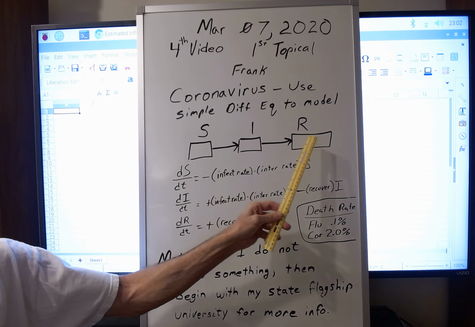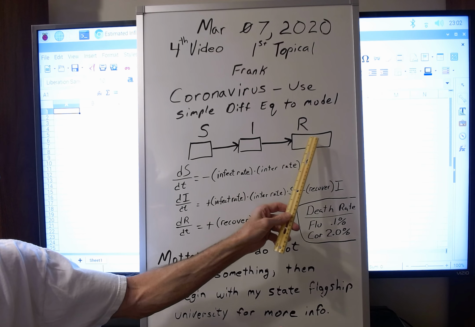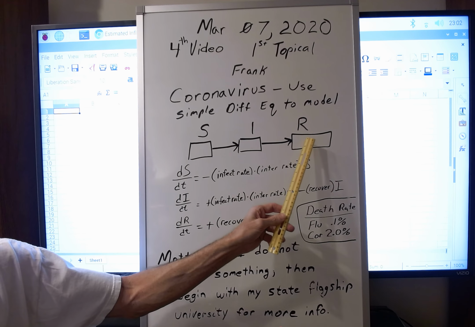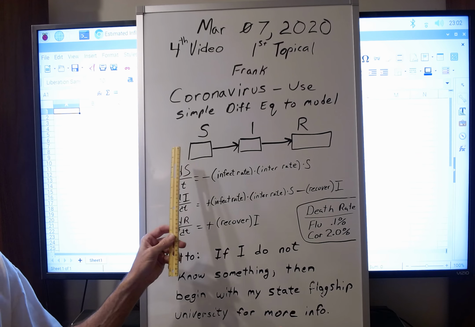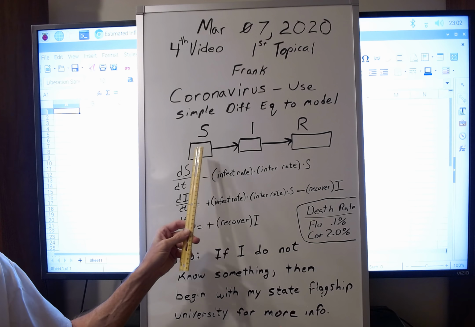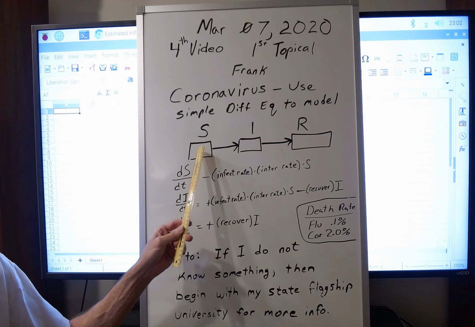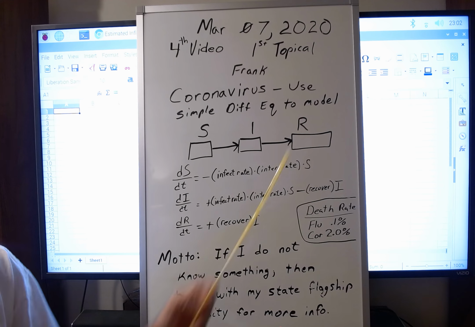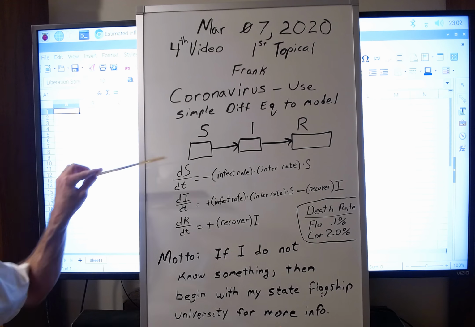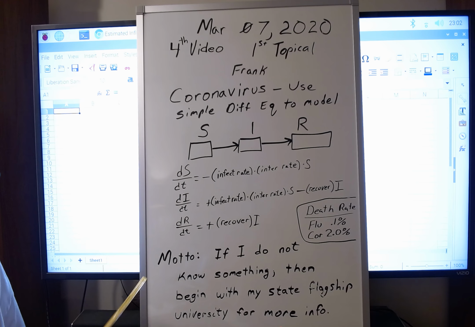Once you have the virus and you recover, you do not get sick again. And there is no vaccine, so there's no way to go from the susceptible to the recovered cell. It's just one-way flow, a simple model.